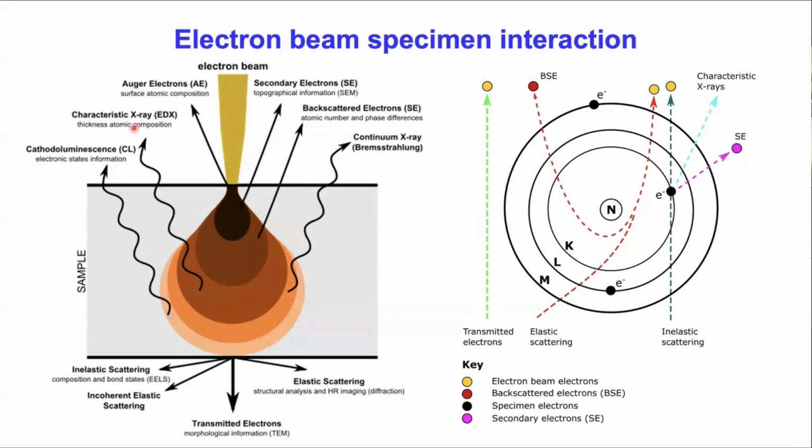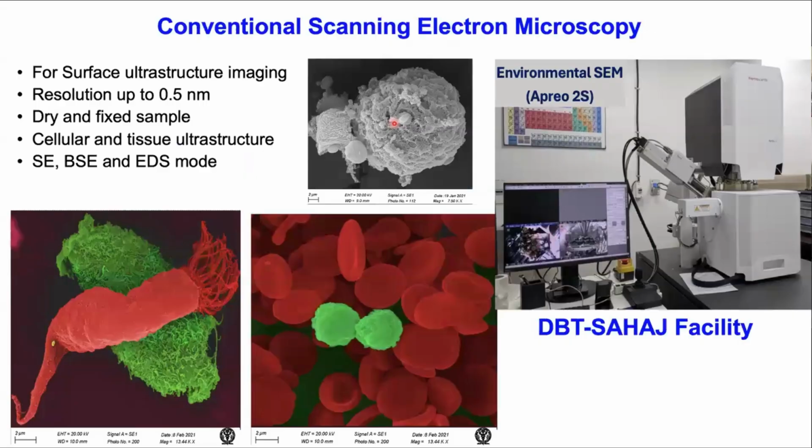And these are going to be used multiple times in this webinar. So you have to consider these three: the characteristic X-rays, which give elemental detection, secondary electrons, and backscattered electrons. There are multiple kinds of microscopes, but we have a conventional electron microscope given by the DBT research facility, and with it you can image the surface view.